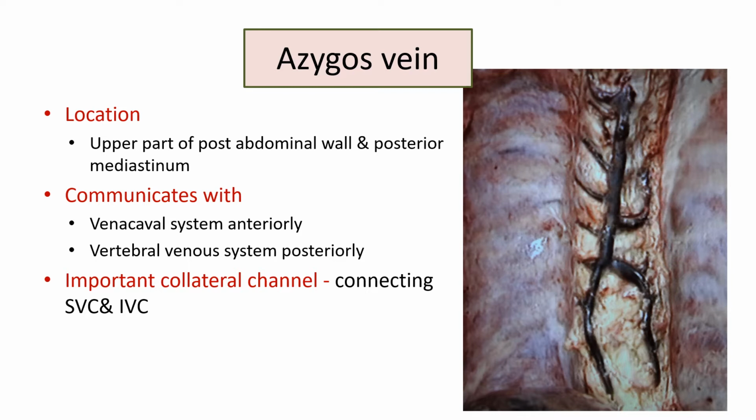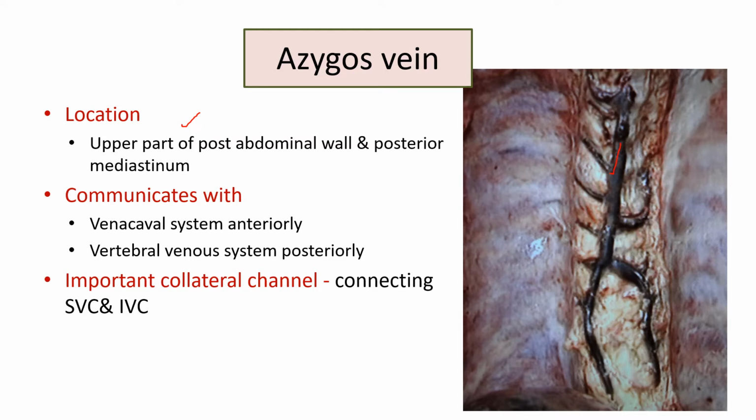Coming to the location of the Azygos vein. It is in the upper part of the posterior abdominal wall and the posterior mediastinum. So this is the Azygos vein you are seeing, and this vein you have seen in the previous picture. It communicates with the superior and inferior vena cava anteriorly, so the vena cava system anteriorly, and posteriorly it joins the vertebral venous plexus.